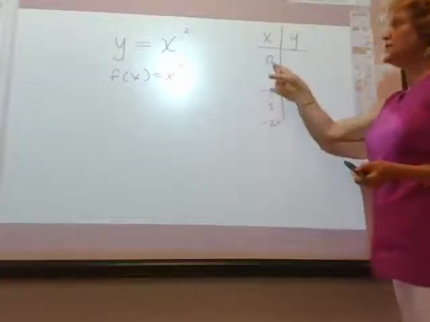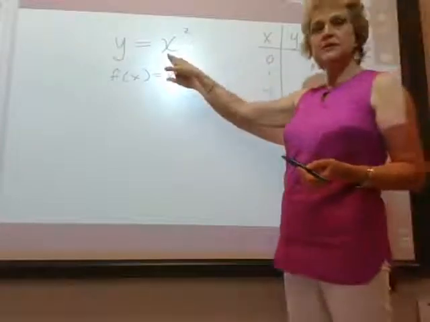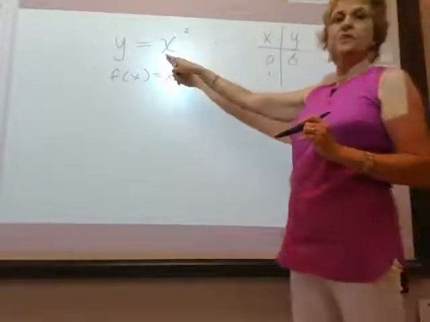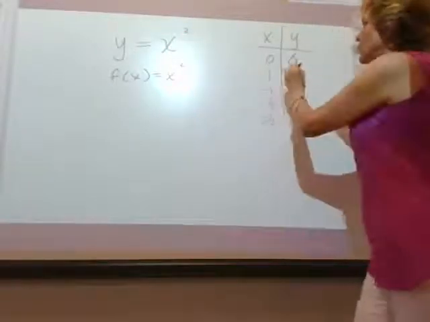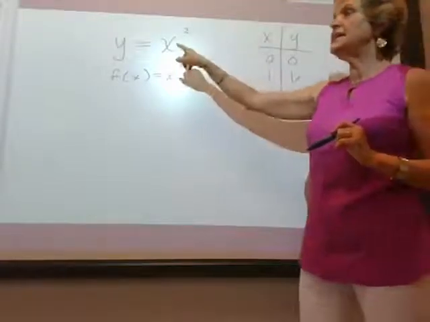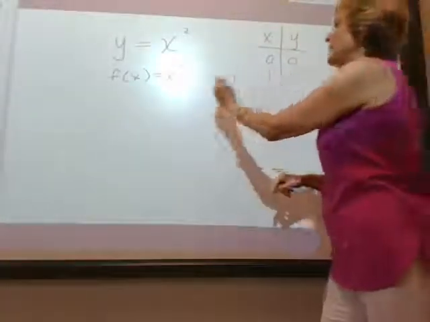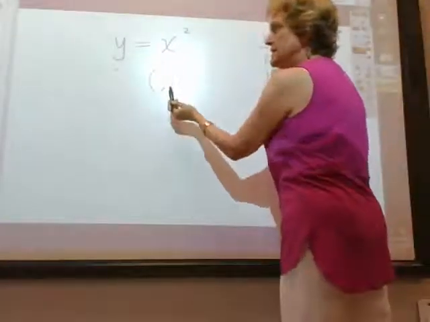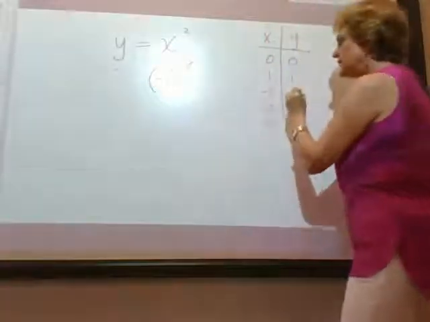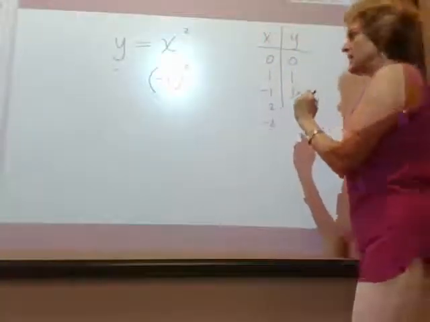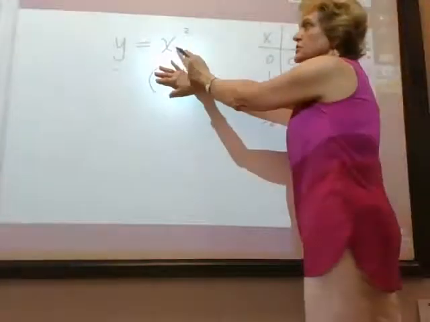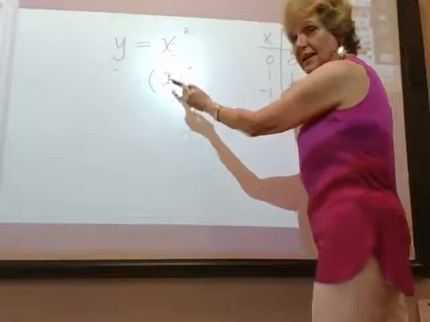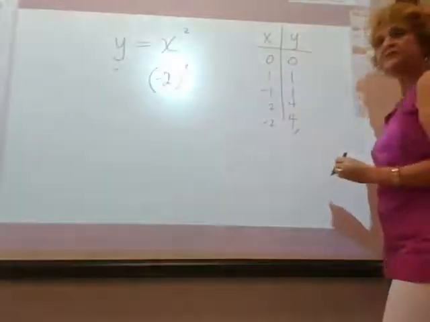So we're plugging in for x all of these different values to see what we get, and then we'll plot it. If we plugged in 0, 0 squared is 0. If we plug in 1 for x, 1 squared is 1. If we plug in negative 1, we have negative 1 getting squared, so that would be positive 1. If I plugged in 2, 2 squared is 4. If I plug in negative 2 and square, a negative times a negative is a positive.